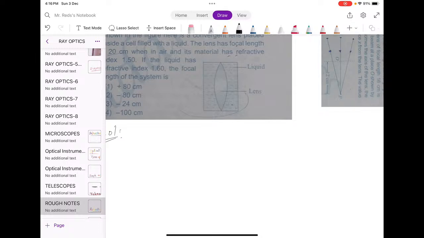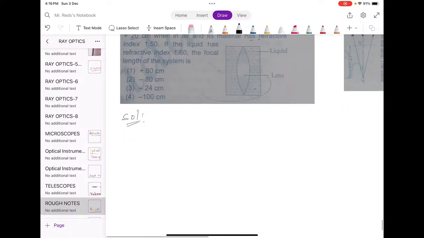So what you have to understand is, this system is identical to a combination of three lenses. Try to understand here. It is given that this is the cell, you can say a rectangular cell.